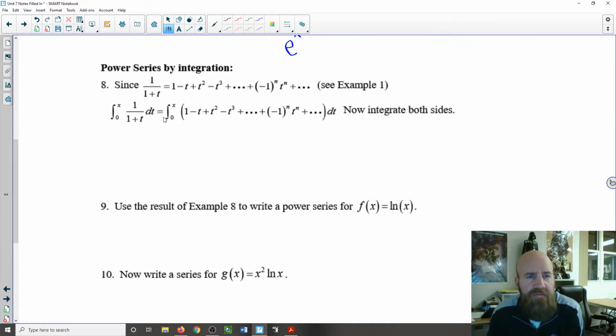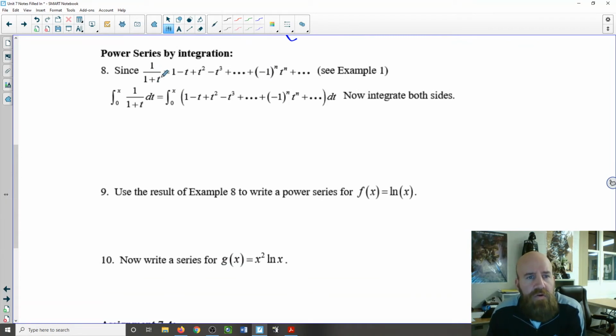Same thing, it's just a variable. So they give us that 1 over 1 plus t is defined by this power series. That's what we were dealing with before. Okay, so 1 over 1 plus t, we set it equal, and then we integrate both sides. We're finding the integral of both of these, the power series and the function itself.